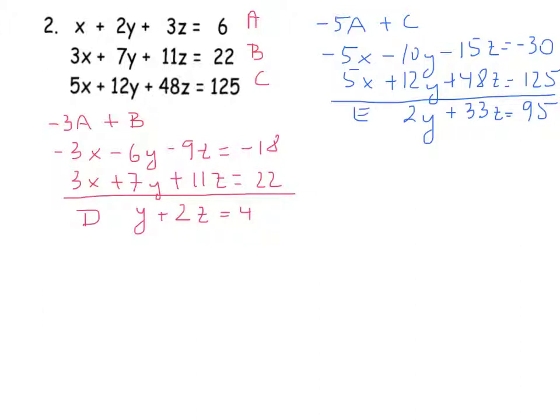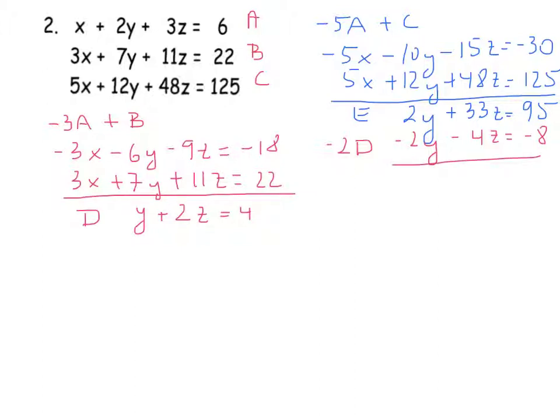So I am going to place the two equations under one another. So I'll write D over here, and I right away will multiply D by -2. So I'm going to get -2y minus 4z equals -8.